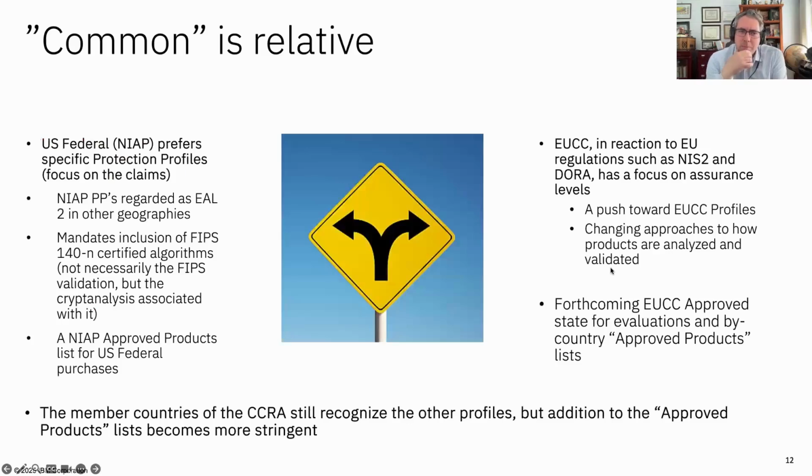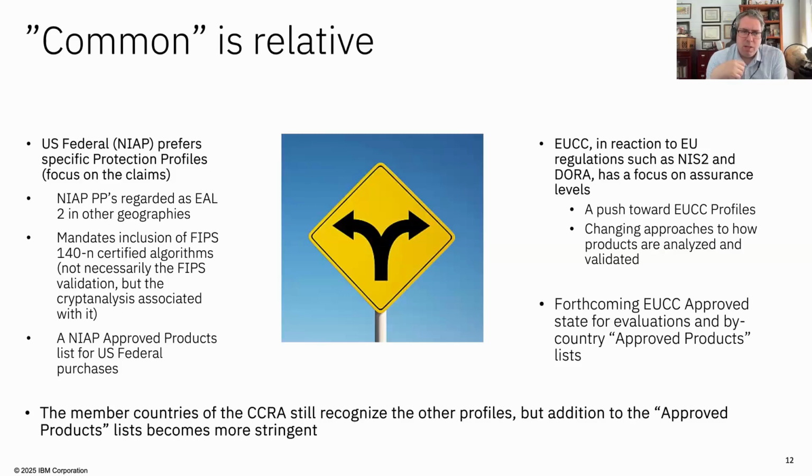People started disagreeing. The U.S. federal space would actually prefer that you use a profile, a checklist that is standardized, right? So not the approach that Prism takes, but the approach that a lot of other IBM Z products take. So these things don't really have EAL numbers, but you have a very standardized set of claims that you can use for comparison purposes against other products.